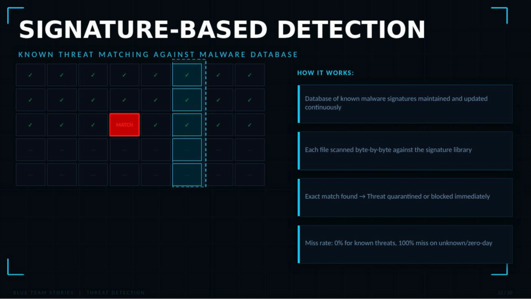A signature can include unique code patterns, malware hashes, attack fingerprints, or identifiable characteristics associated with previously discovered threats. If the system detects a match, the threat is immediately flagged or blocked. Signature-based detection is highly effective against known malware and well-documented attacks because it provides fast and accurate identification.